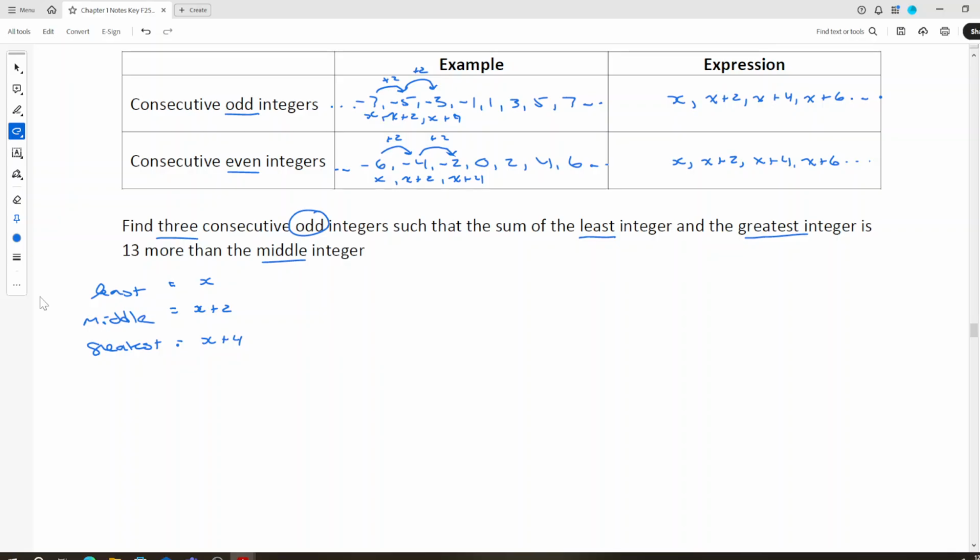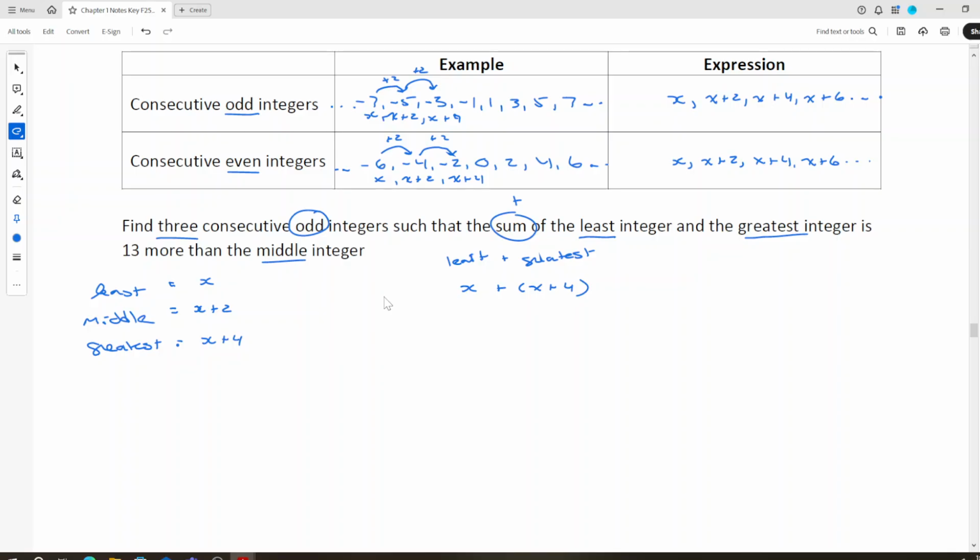Then I have to set up my equation. So the sum, the addition, of the least and the greatest is the least and the greatest. Some people find that they like to write the equation in words first. I, as you can tell, am not the best printer, so I tend to not.